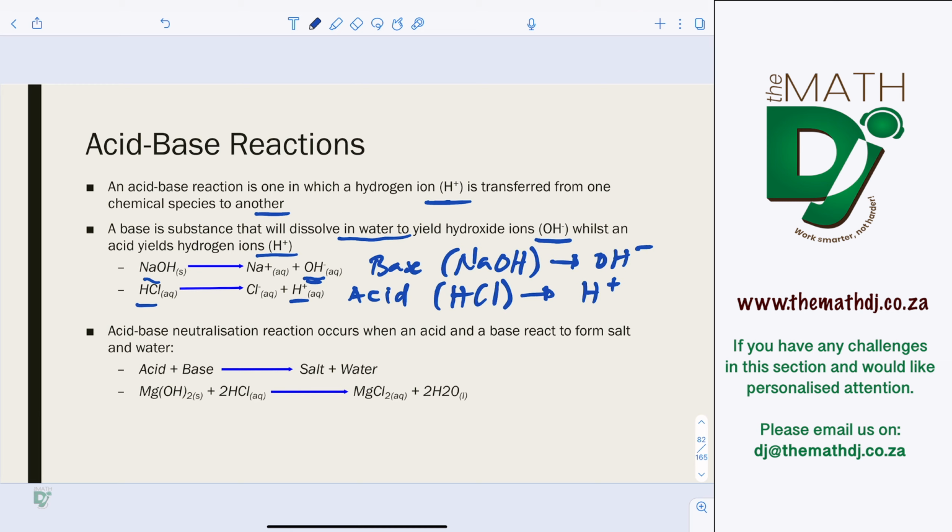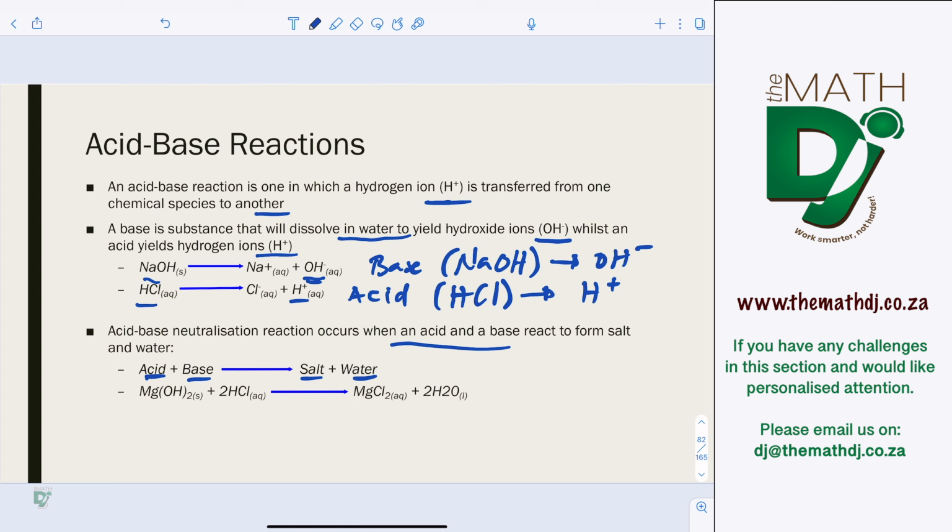An acid-base neutralization reaction occurs when an acid and a base react to form salt and water. This is a principle you should remember: the reaction between an acid and a base forms salt and water.